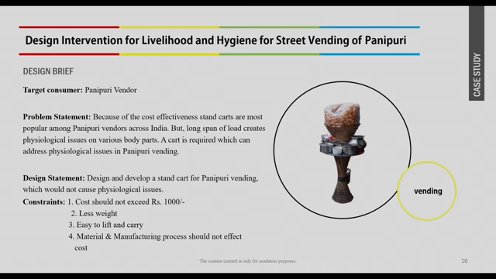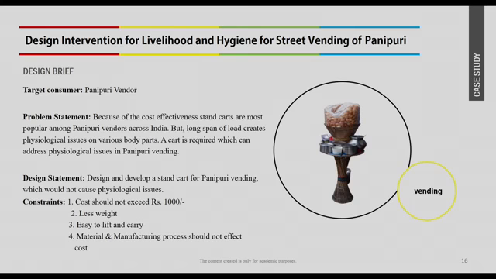The problem statement was: because of cost effectiveness, stand carts are most popular among Pani Puri vendors across India, but the long span of load creates physiological issues on various body parts. A cart is required which can address physiological issues in Pani Puri vending. The design statement was: design and develop a stand cart for Pani Puri vending which would not cause physiological issues.